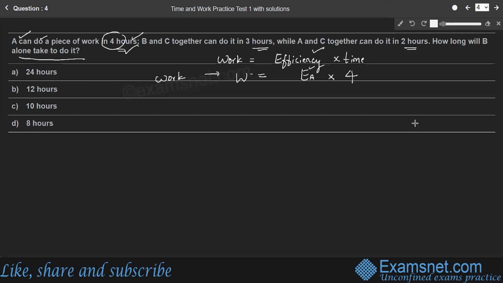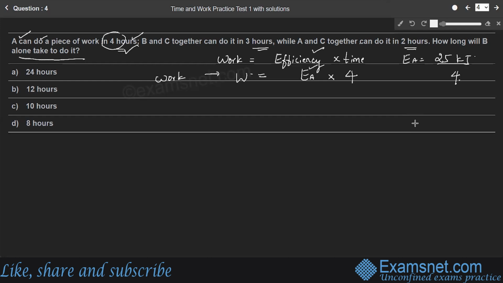So what is efficiency? Work done per unit time is called efficiency, right? For example, if A does 25 kilojoules of work in 4 hours, then efficiency of A becomes 25 by 4, right?